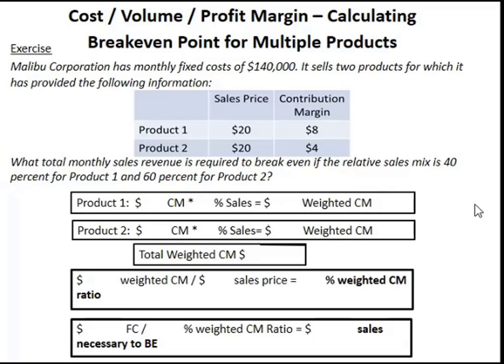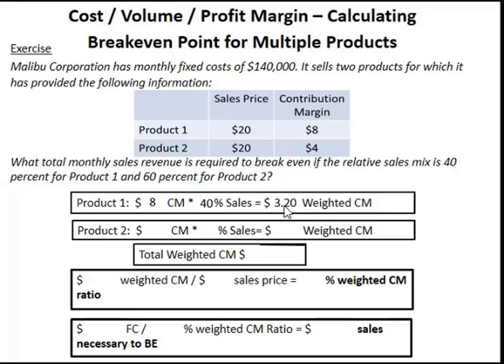Now if we take a look at product 1, we have the contribution margin already calculated, so we didn't have to do selling price minus variable cost. That information, the variable cost, isn't given to us, and we don't need it since contribution margin is already calculated. So for product number 1, we have an $8 contribution margin times the 40% of sales equals $3.20.